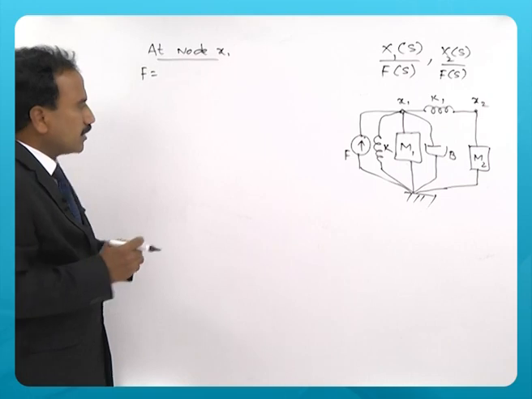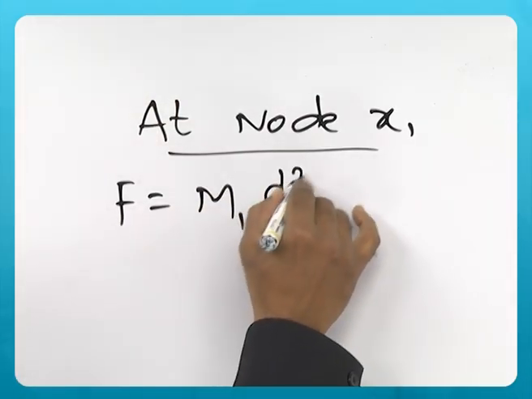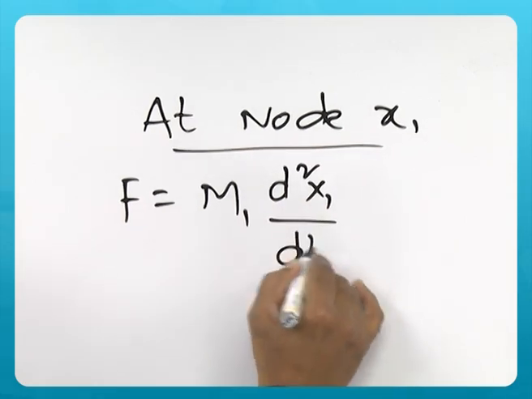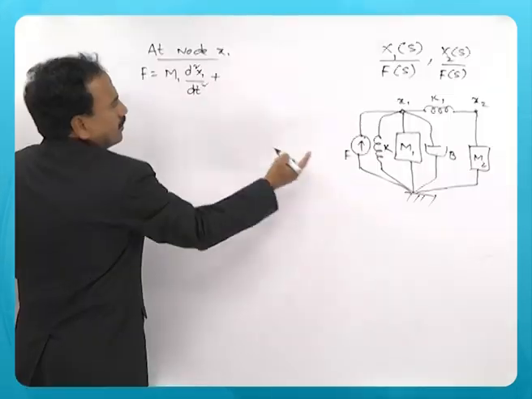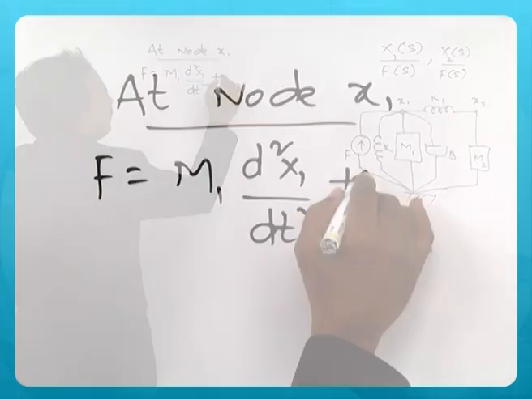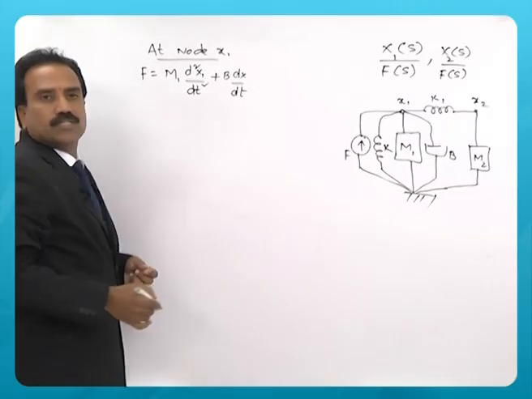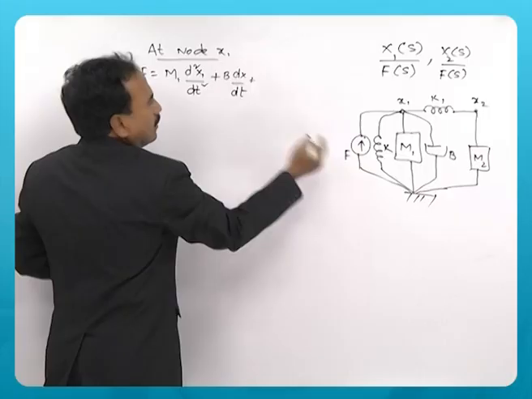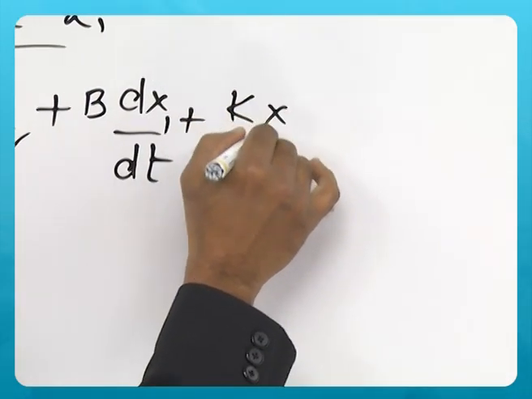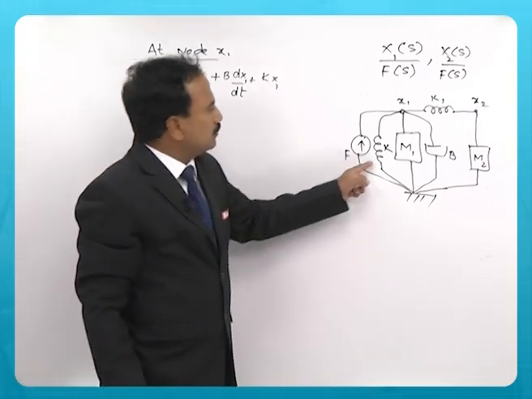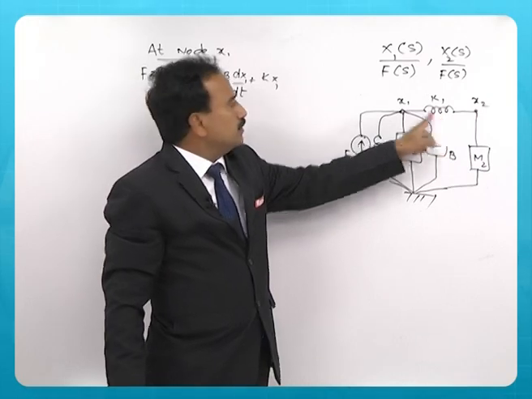So, all three reaction forces: first m1, associated with x1 displacement, then there is a friction component B dx by dt, its velocity, then K with respect to ground, K x1. So, all these components are covered here, and there is another component K1 also connected to x1.